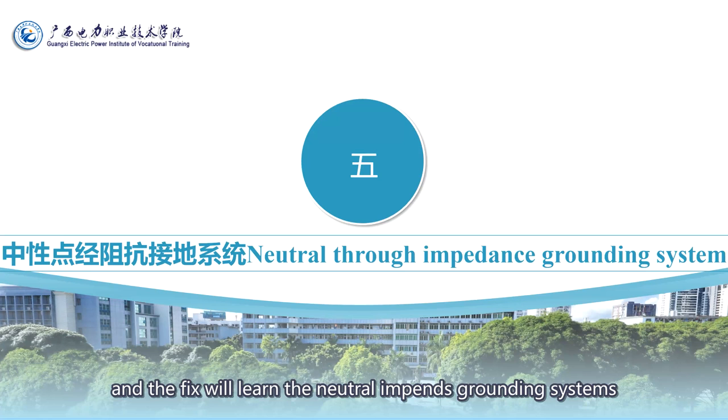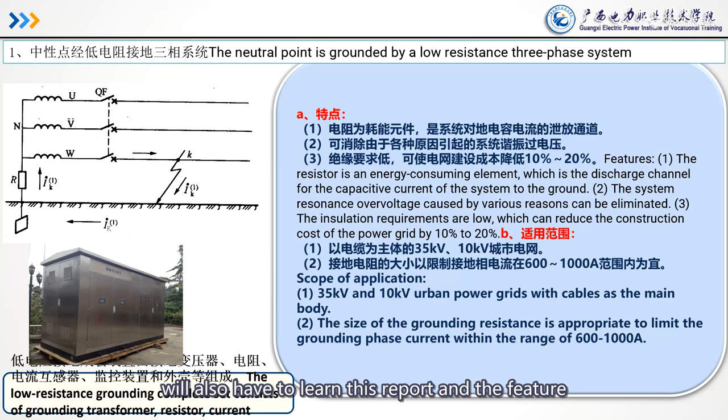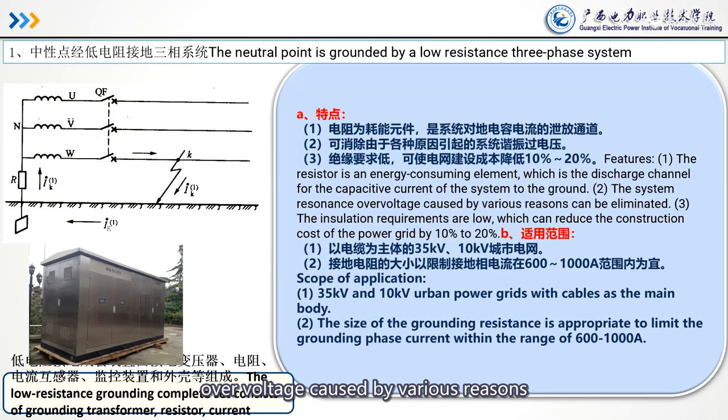And the fifth, we will learn the neutral through impedance grounding systems. We also have to learn these three parts. The feature of this is that the resistor is an energy consuming element, which is a discharge channel for the capacitive current of the system to the ground. The system resonance overvoltage caused by various reasons can be eliminated.